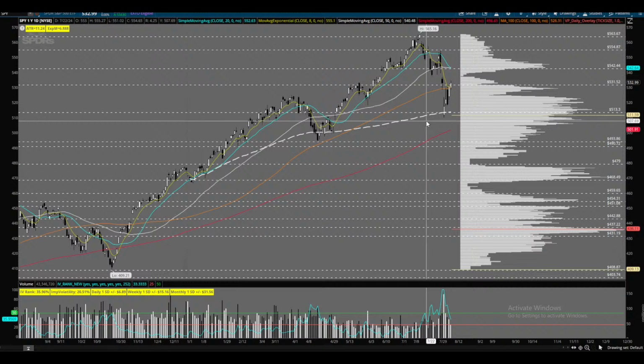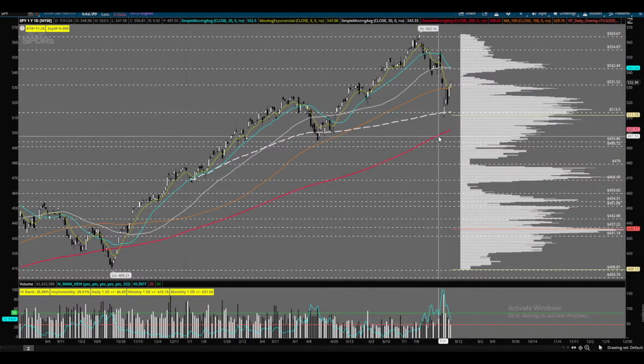That is the volume weighted average price from the beginning of the year. So there's support here, and it was support again. And all that means is the average buyer from the start of the year is still in profit now. We did not lose that.